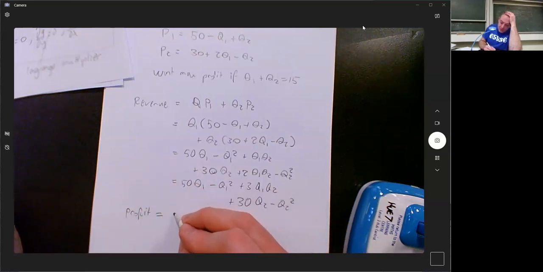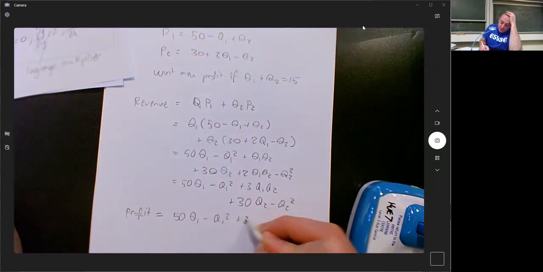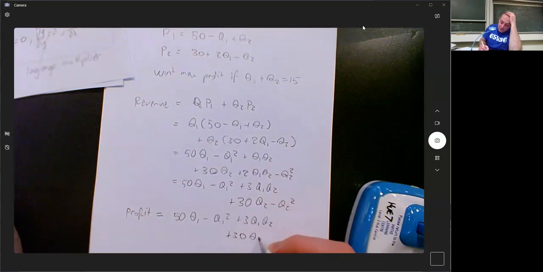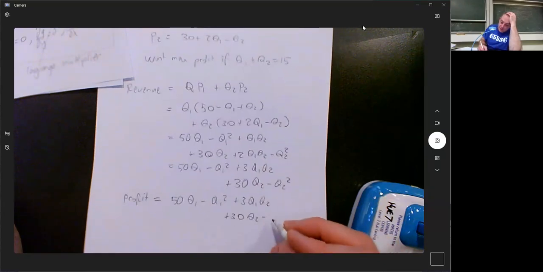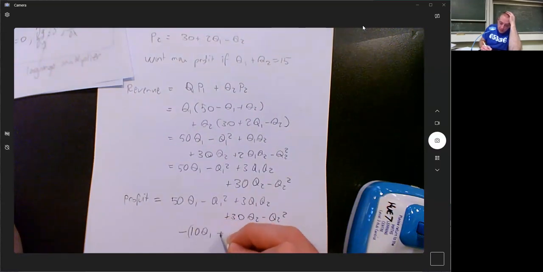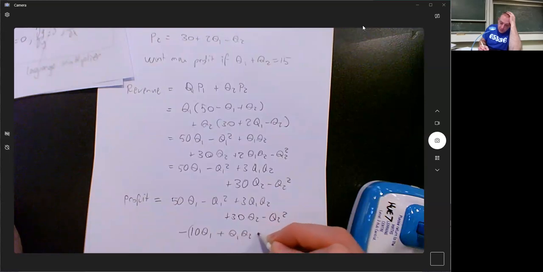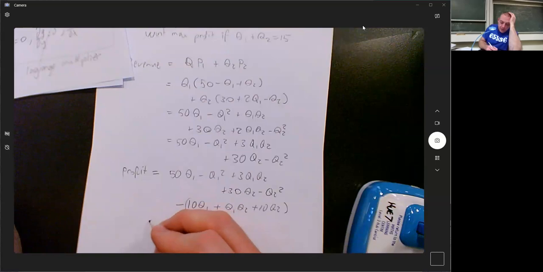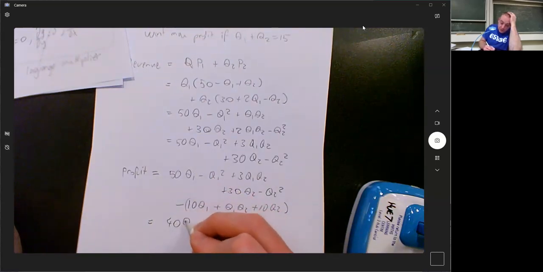So that'll be 50 Q1 minus Q1 squared plus 3 Q1 Q2 plus 30 Q2 minus Q2 squared, minus the total cost. So we're going to go minus 10 Q1 plus Q1 Q2 and 10 Q2. Okay, so 50 Q1 minus 10 Q1 is 40 Q1s.